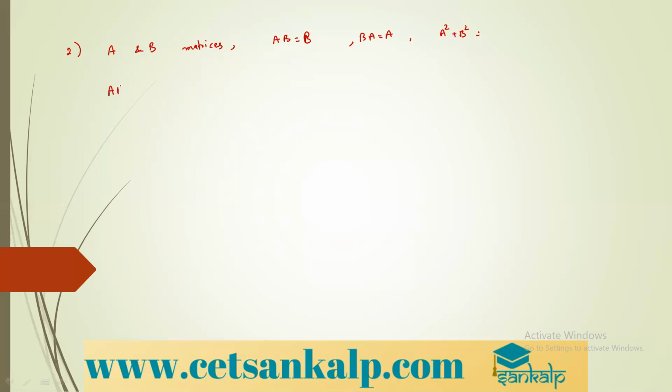So we are given that AB is equal to B. So AB you multiply by A. That means B you are multiplying by A. Similarly, you are given BA equal to A. So BA you multiply by A. That means A you are multiplying by A. So what is A into A?